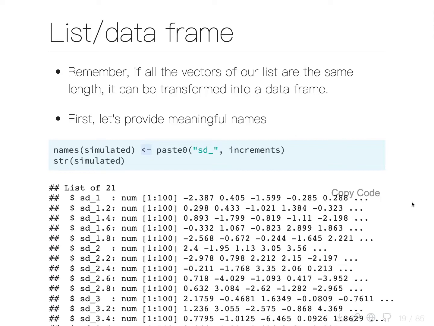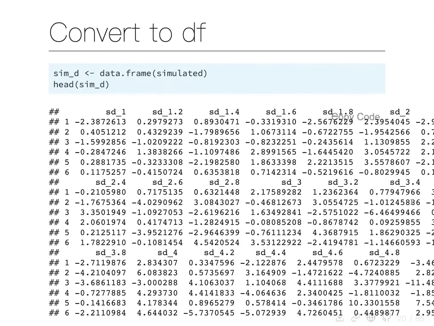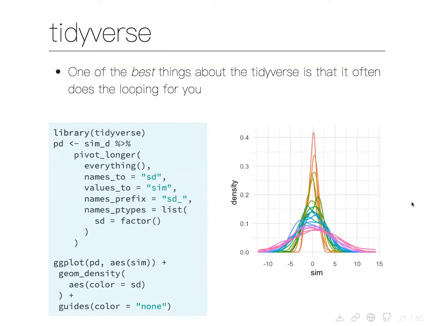Okay, so now that these have meaningful names, I can transform it to a data frame very easily. I just wrap data.frame around it, and I get a data frame that looks like this. If I wanted to plot these, using the tidyverse would probably be the best way to do this.